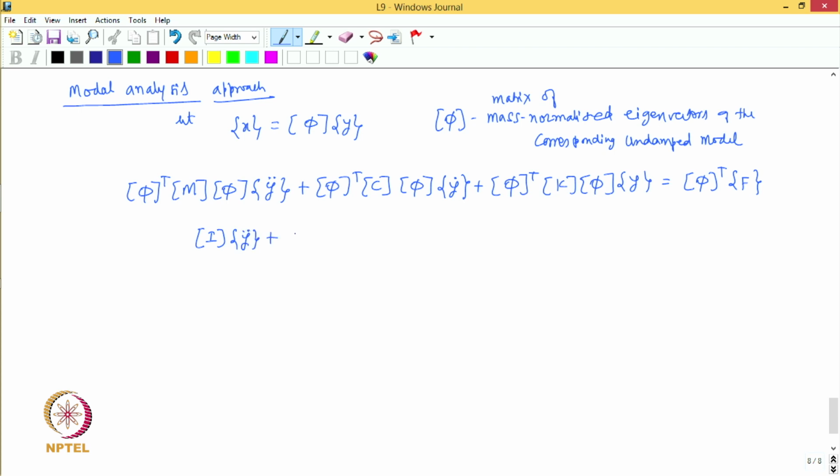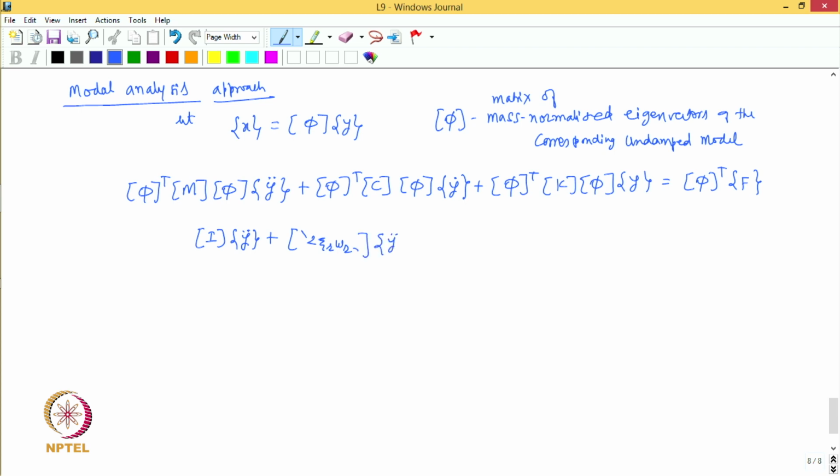Now, phi transpose C phi can be written as a diagonal matrix with diagonal terms 2 zeta r omega r, because we saw in the previous case, in the case of free vibration, that we got the 2 zeta r omega r term when we compared the equation with a single degree of freedom system with viscous damping.